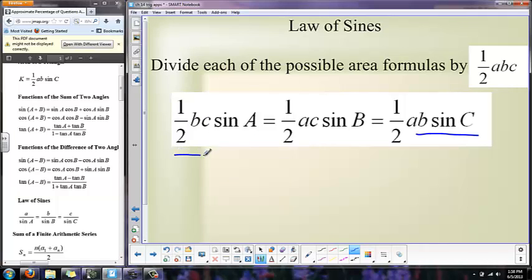And what I'm going to do is I'm going to go through and divide every single one of these terms by 1/2 ABC, and we're going to see what happens. 1/2 ABC.